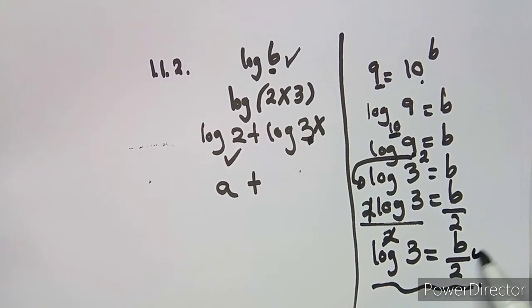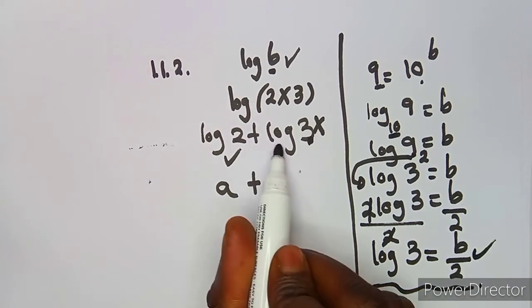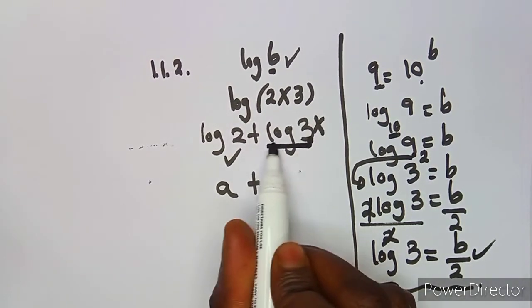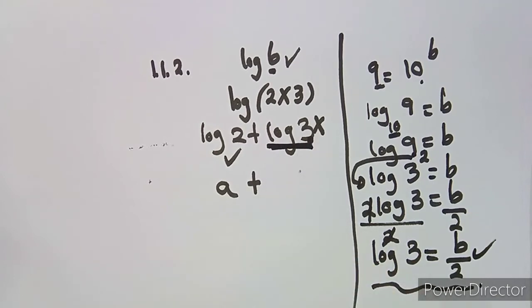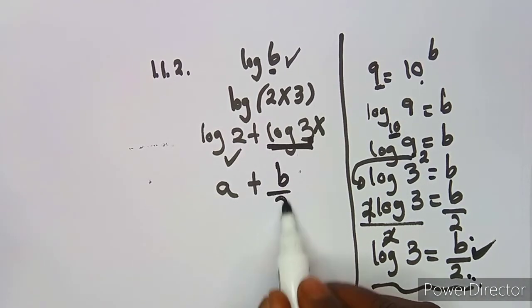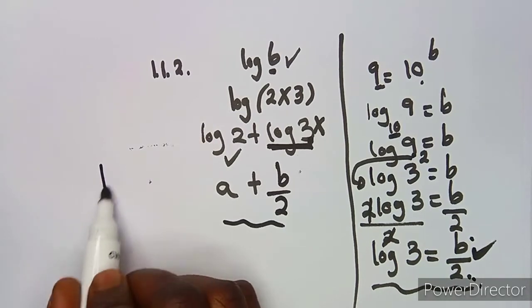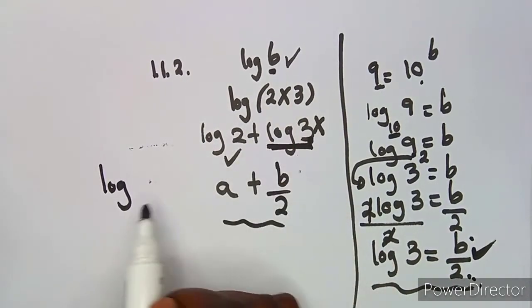So if this is the value of log 3, this is the one that I'm going to substitute here, because remember, you wanted to calculate the value of log 3, and we have obtained the value of log 3, which is b over 2. So this is what is going to be the value of log 6.